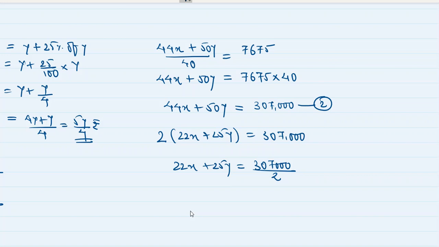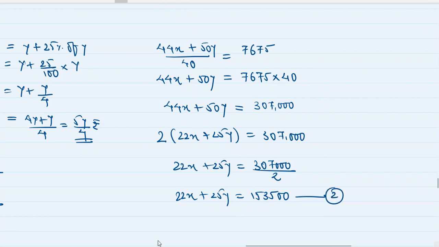Let me check. Yes, 1,53,500. So we are getting 22x plus 25y is equal to 153,500. This is actually your final equation number 2.